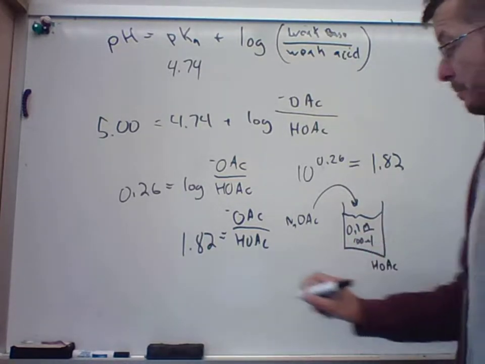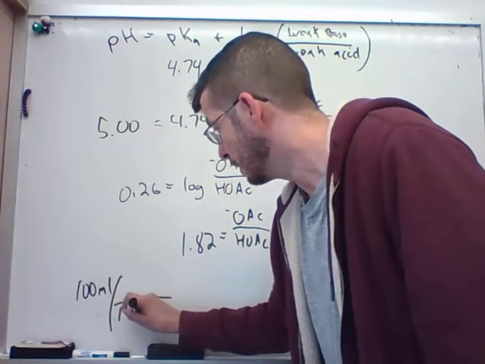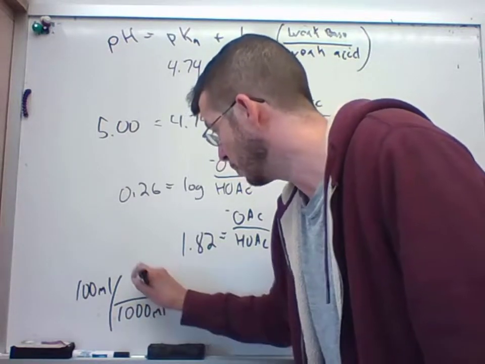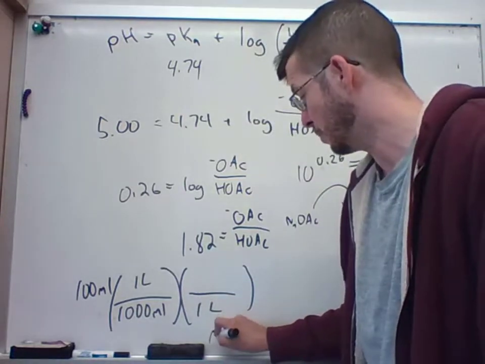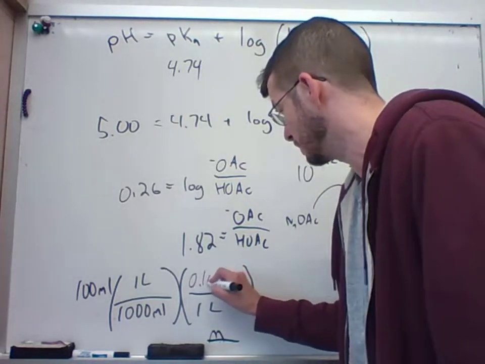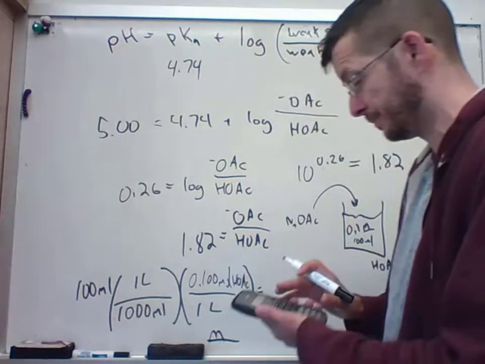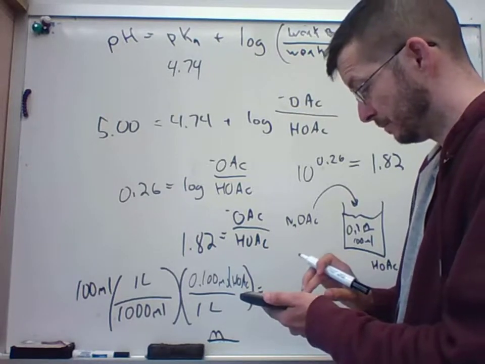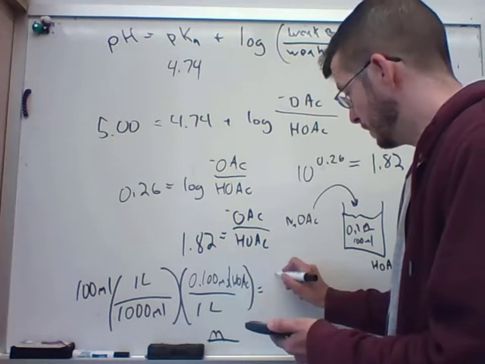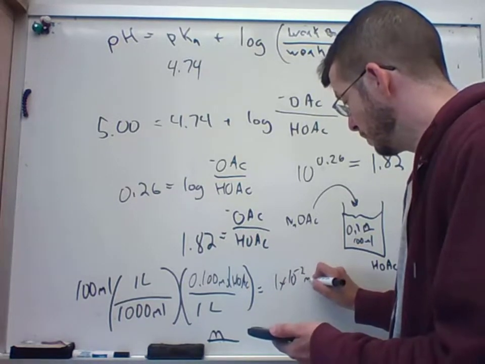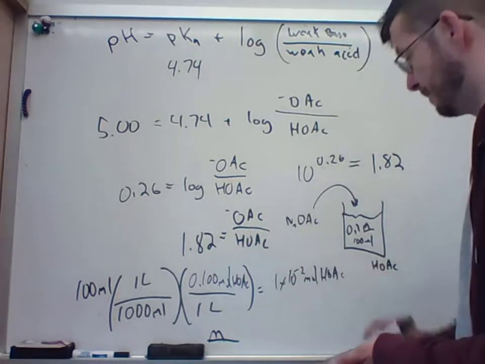Well, we have a volume and a molarity. We know that for every 100 mLs, that is equivalent to 1,000 mLs is 1 liter, and for every 1 liter, this is our molarity statement, that is 0.100 moles of HOAc, so that in this solution, there's 1 times 10 to the minus 2 moles of HOAc, so I just need to have 1.8 times as many of that.